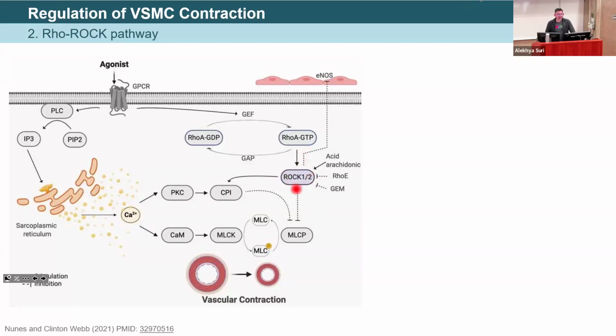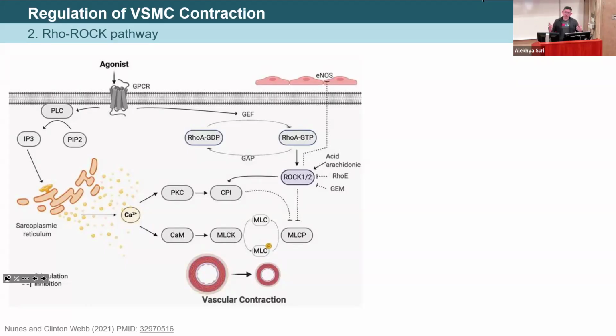The active Rho kinase leads to the inactivation of a protein called MLCP, not MLCK, MLCP, which stands for myosin light chain phosphatase, right? Myosin light chain phosphatase does the exact opposite to the activity of the kinase. Kinases and phosphatases are antagonistic to each other. Kinases phosphorylate, phosphatases dephosphorylate. They remove phosphates from molecules, right?